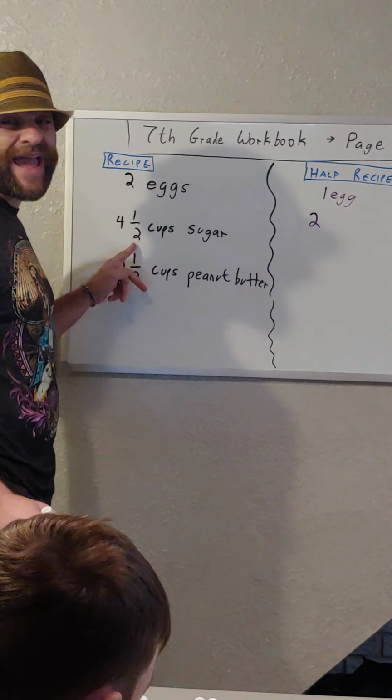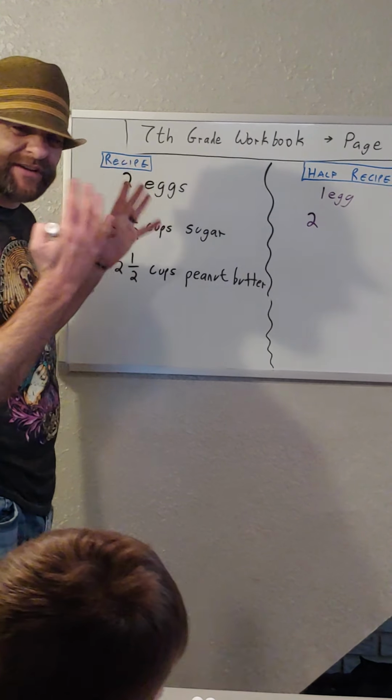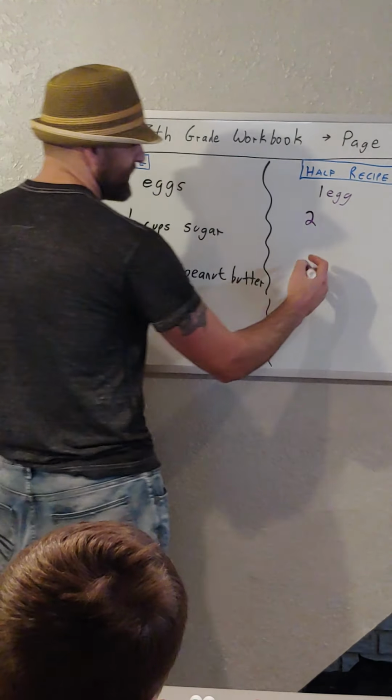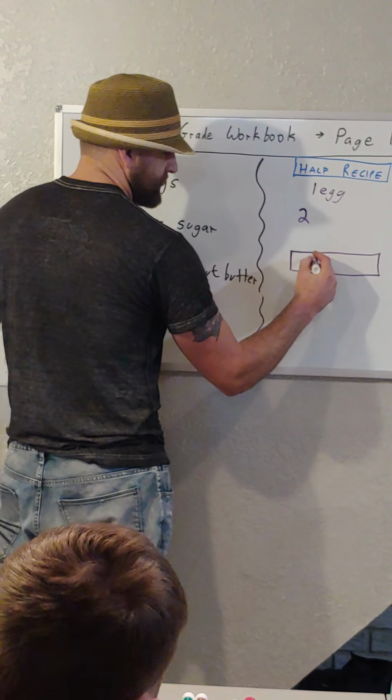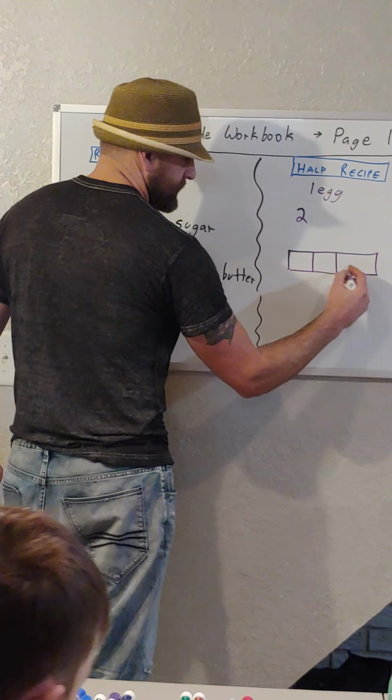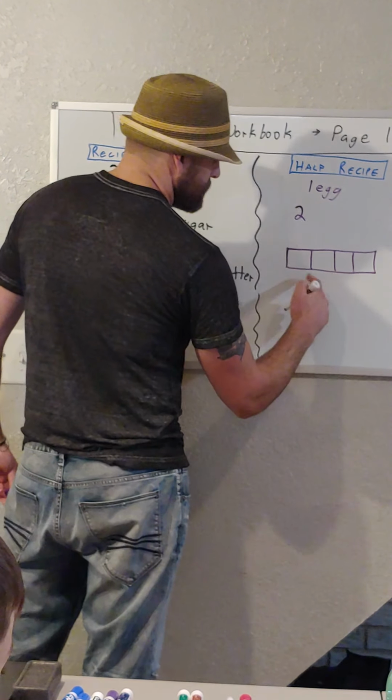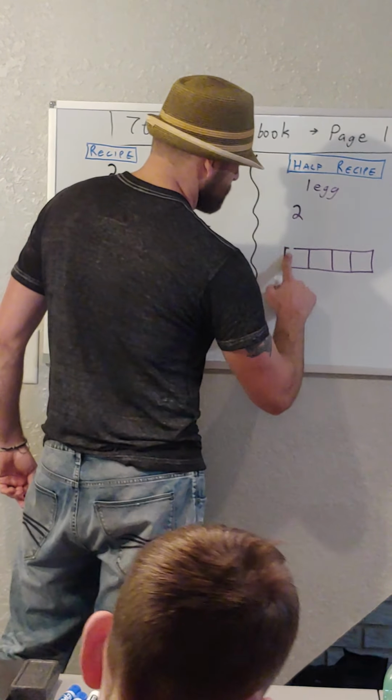And then you do half of a half. If you can't visualize half of a half, think about it like this. So everybody knows what a half looks like.